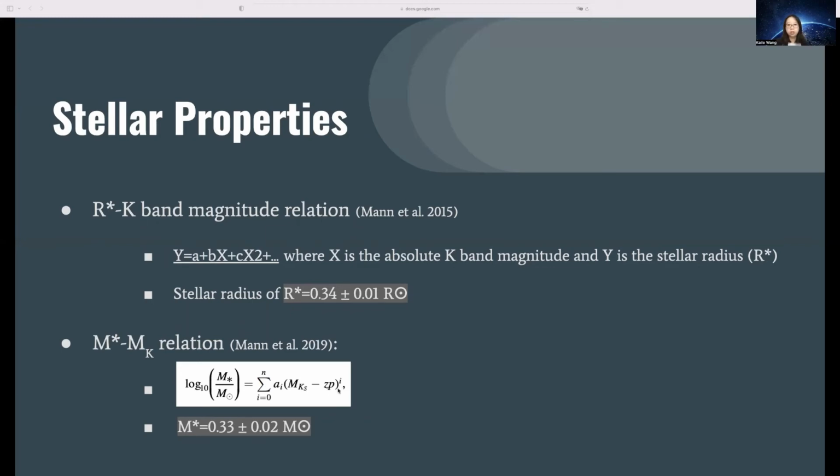So the only two unknown quantities in the equation would be the stellar mass or the K-band magnitude. In this case, the K-band magnitude is known, so we can calculate the mass of the star directly from this equation.